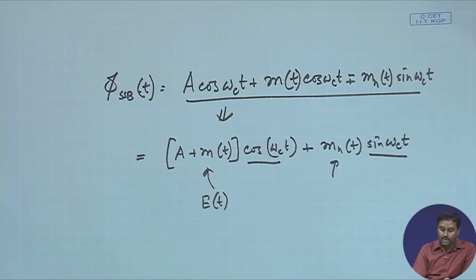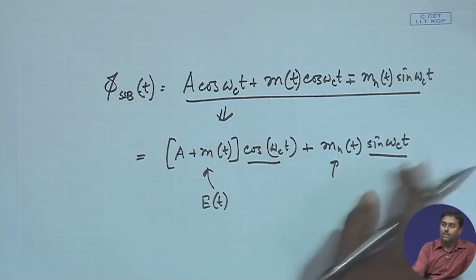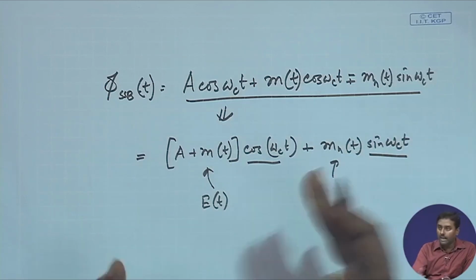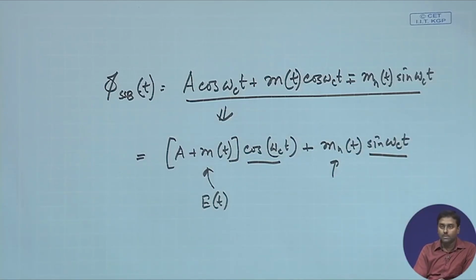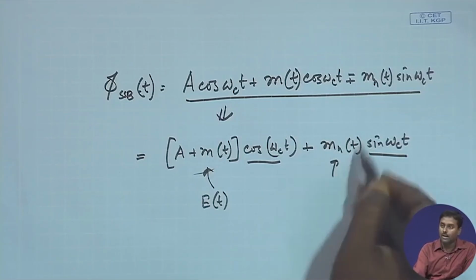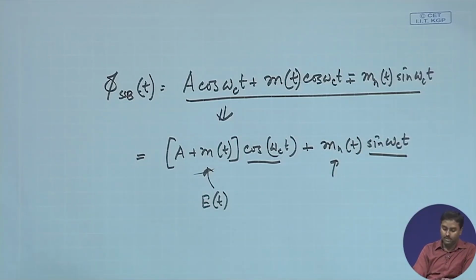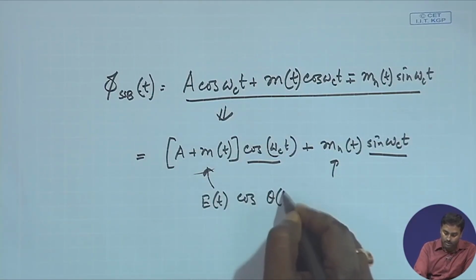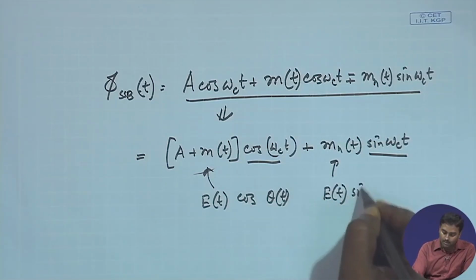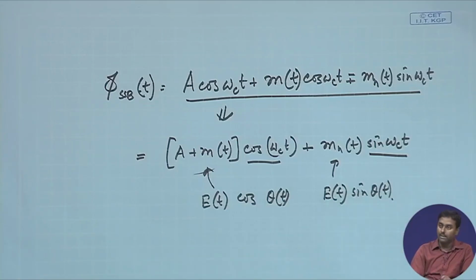I can write it that way, and then I will get another cosinusoidal term, whose amplitude is this square plus this square, that is E(t) square.